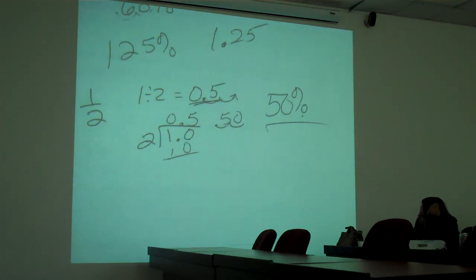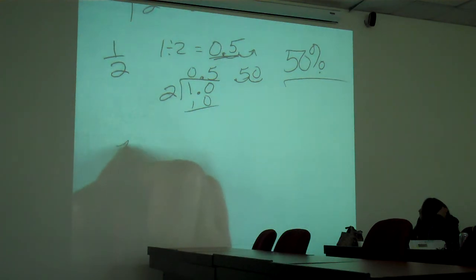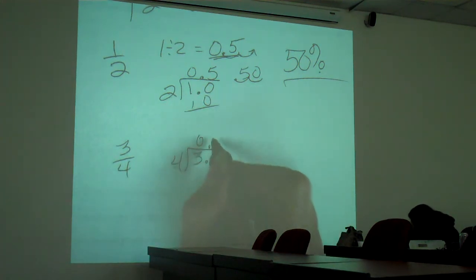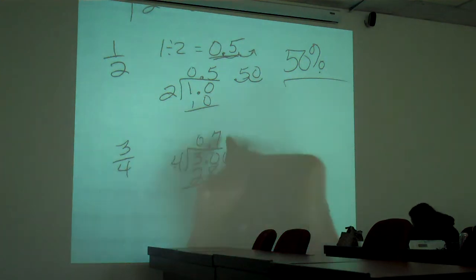So if you have a fraction like 3/4, turn that into a decimal. 4 won't go into 3, 4 into 30. 7 is 28. Add another 0. 4 into 20 is 5.